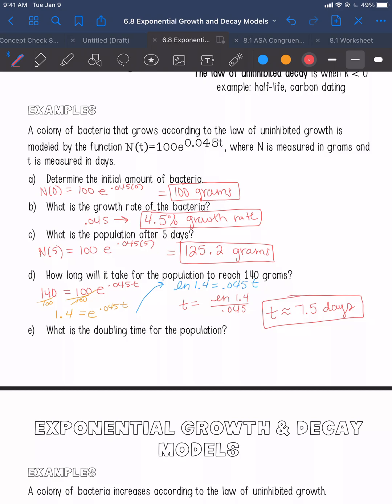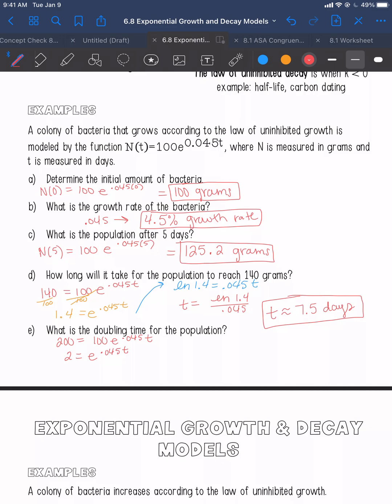And then what is the doubling time for the population? Okay, so our initial amount was 100, so the doubling amount would be 200. So we would do 200 equals 100 e to the 0.045 times t. You'll see here when we divide both sides by 100, we get 2 equals e to the 0.045 t.